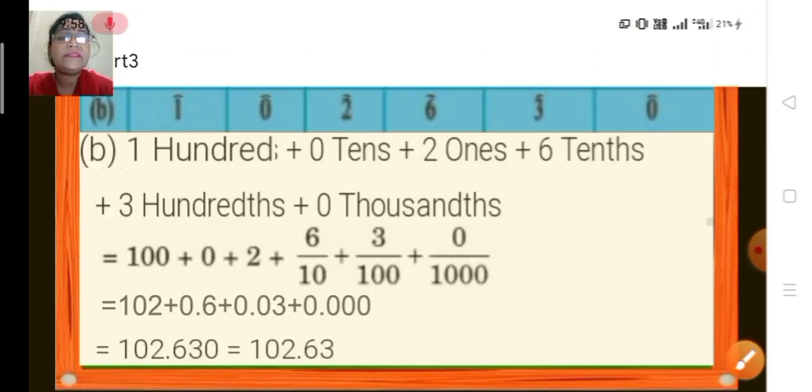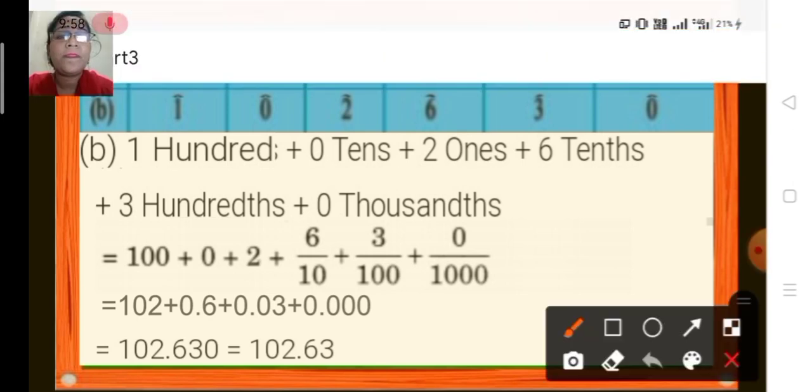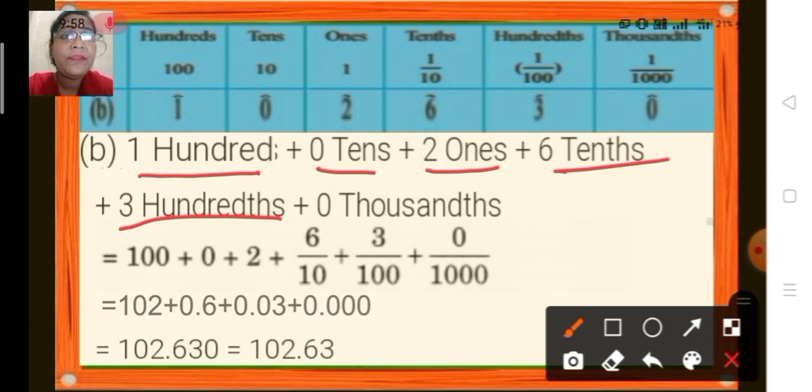Now next sub question, in that what is given to us is 100 plus 0 tenths plus 2 ones plus 6 tenths plus 3 hundredths plus 0 thousandths. Now this we will write in expanded form as 100 plus 0 plus 2.